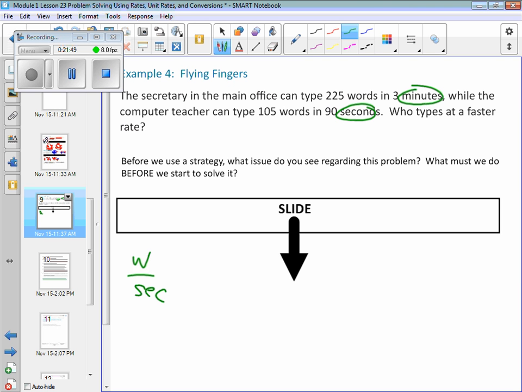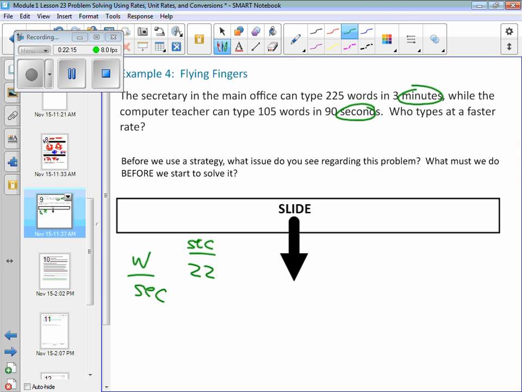Words to seconds. First ratio for the secretary. Actually, no. Because you actually have picked the better way to do it. You've made things easier for yourself. Exactly. Watch what we're going to do.